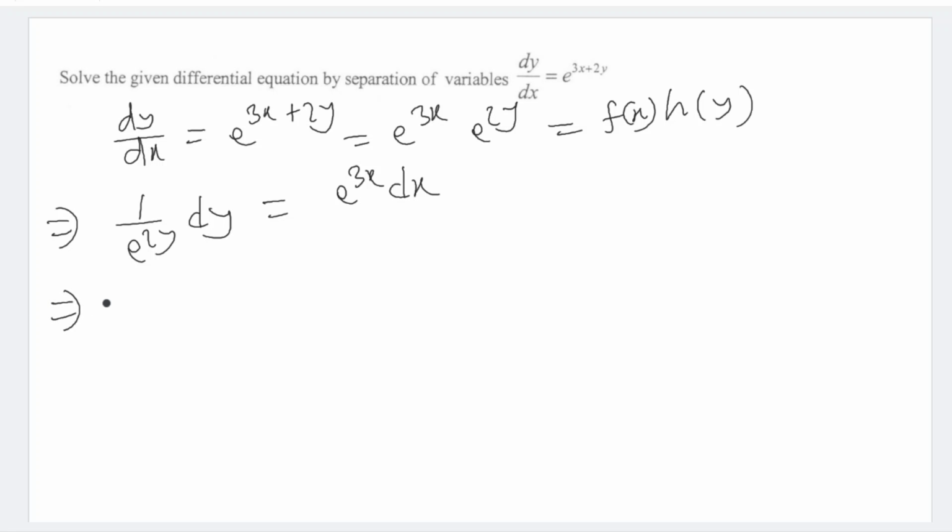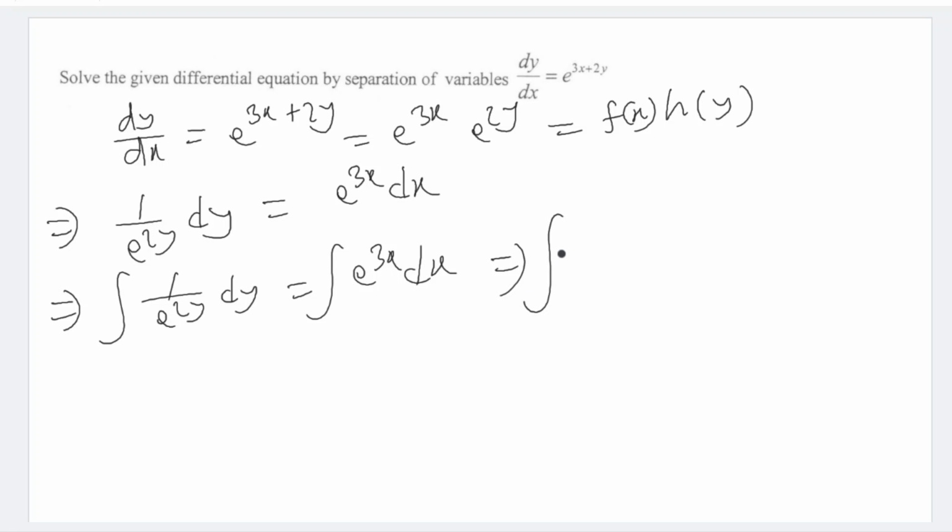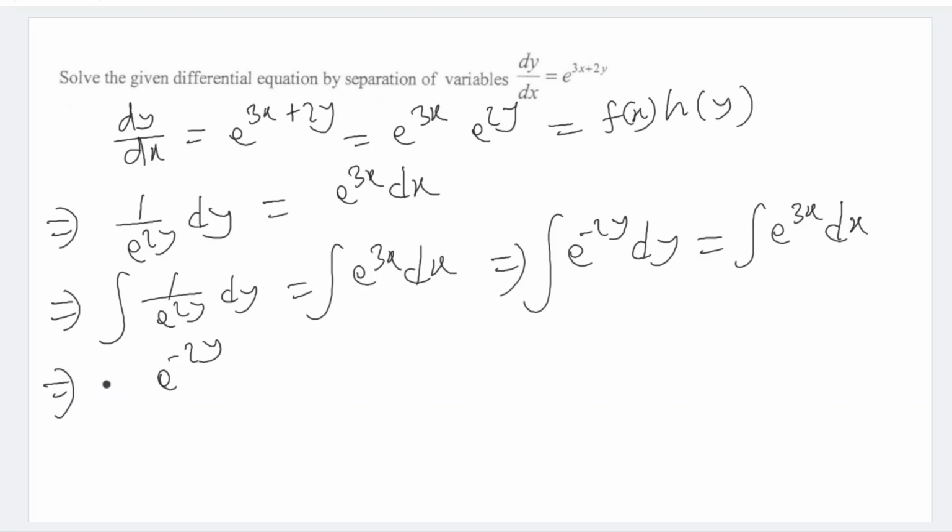Now when we integrate both sides, we get e power minus 2y dy equals e power 3x dx. When we integrate this one, we get e power minus 2y divided by minus 2 on one side.